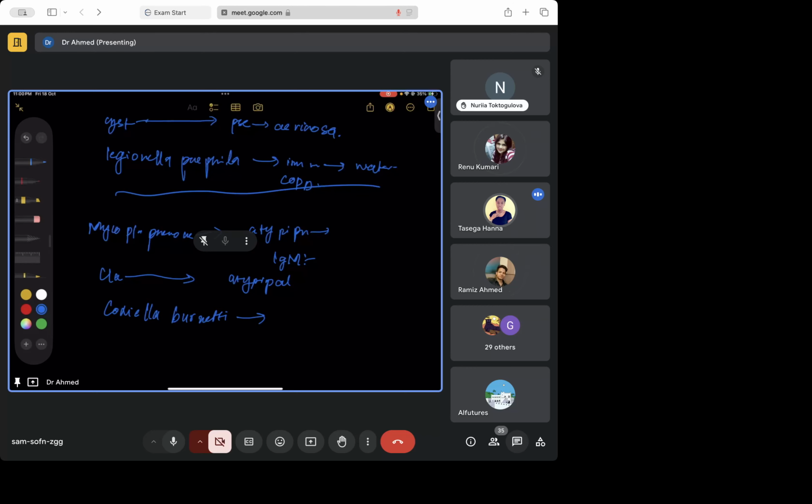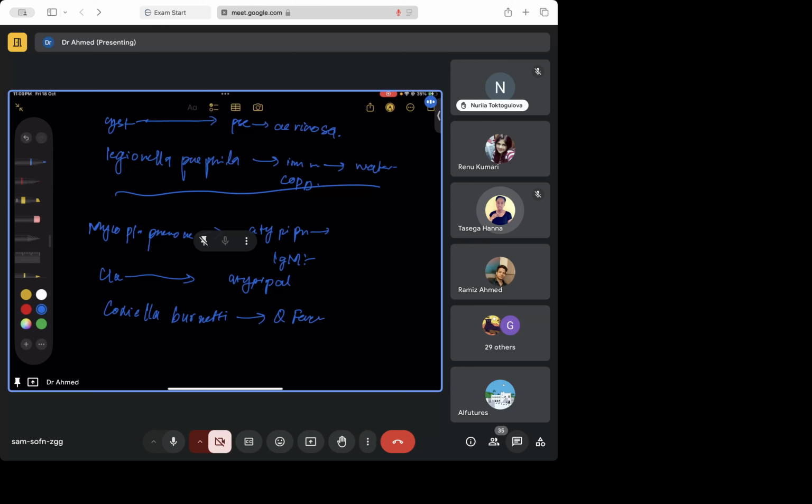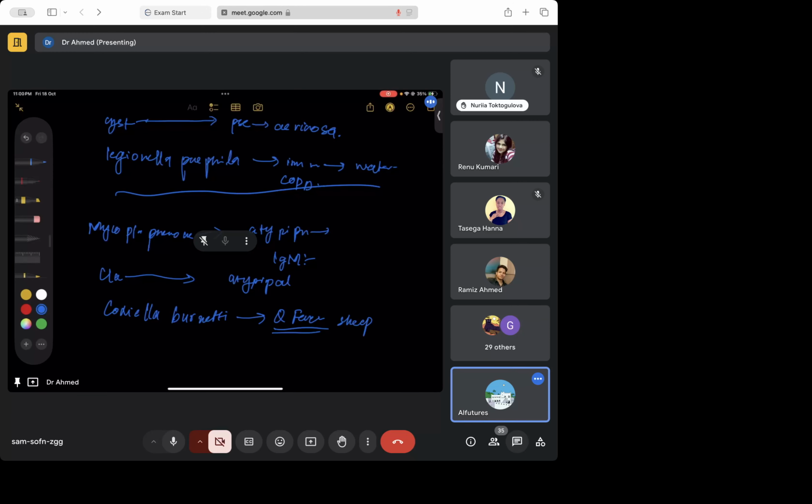Remember, Q fever. Have you guys done the microbiology of these bugs? Some of them, not all. It's going to cause Q fever in which community of people? Yes, sheep farmers.